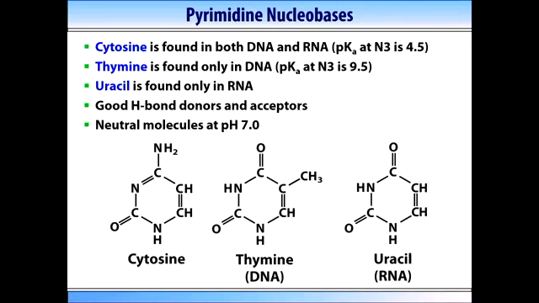What is the pKa by definition? Okay. So for a given acid-base reaction, pKa is the pH at which this particular group is half protonated, half deprotonated, 50-50.